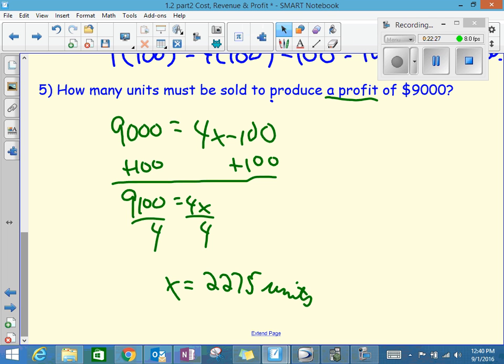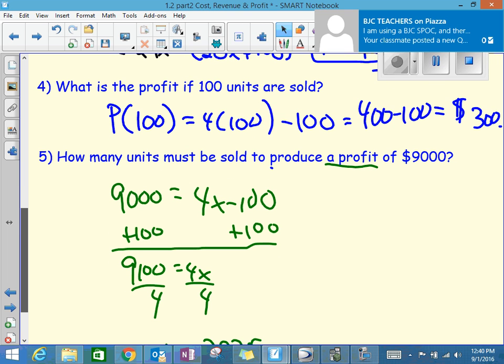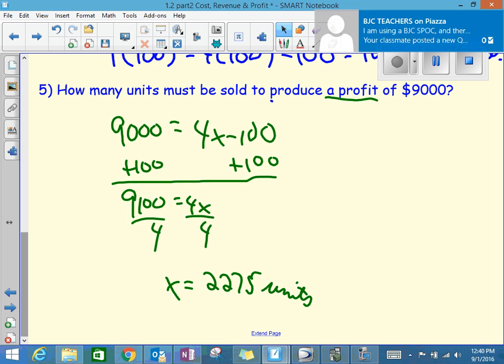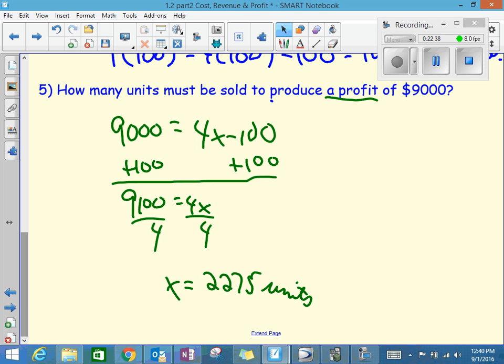Okay, which seems like a lot, but again, that makes sense when you think about 100 units only gives you $300 of profit. So they get 9,275 units. Okay, make sense? Again, it's a lot of words. And the key to working these problems is actually going back and thinking about profit, how it's defined, and what kind of equation it looks like.